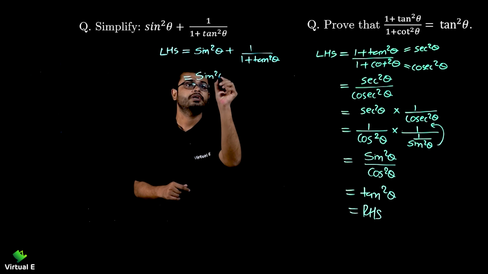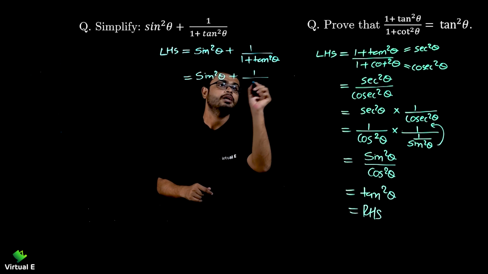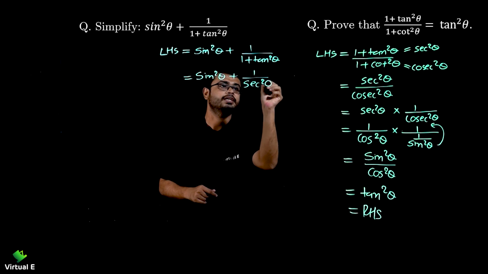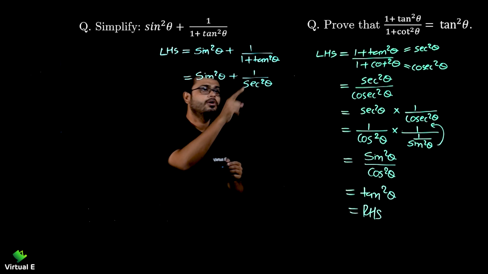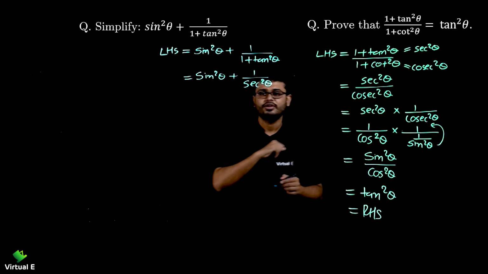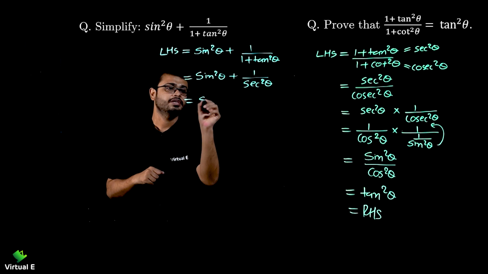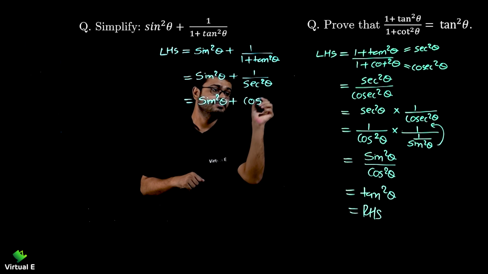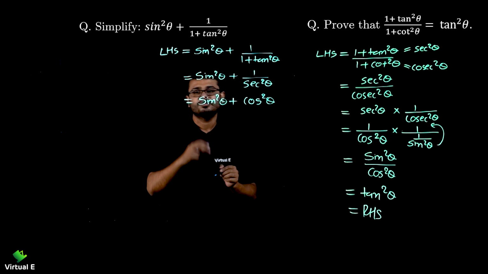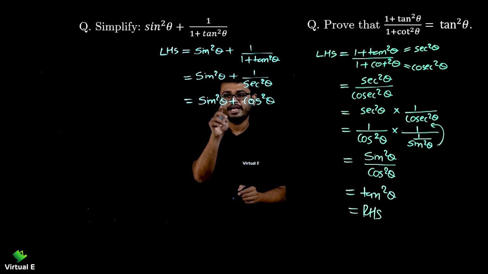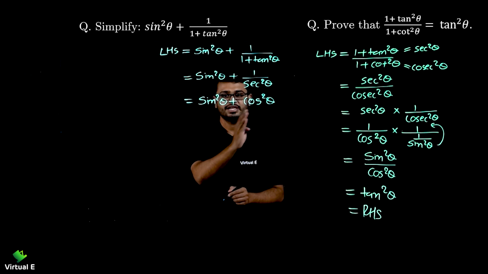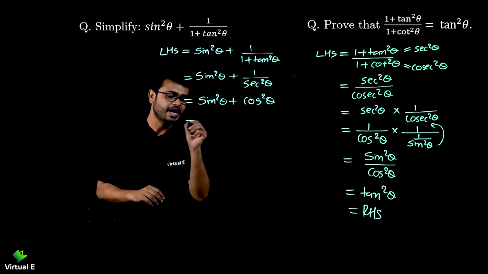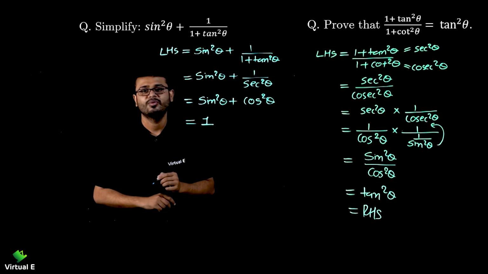So sine square theta plus 1 upon sec square theta. Now 1 upon sec square theta will be what? Cos square theta. So here sine square theta plus this will become cos square theta. Now sine square theta and cos square theta, angle is also same, square is there, plus is there, so what's the answer? Identity only, that is 1.